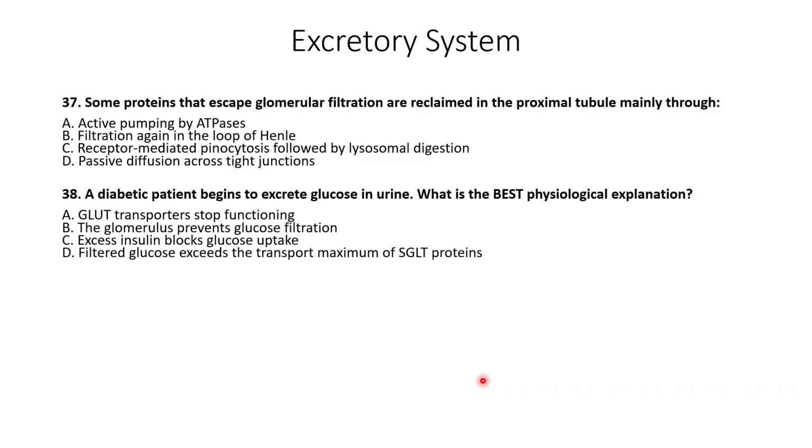So too much glucose, and not enough transporters are there for moving the glucose through from the filtrate to the tissue fluid. And so that's why a lot of it is remaining, and that is called glycosuria. So that's the explanation here, which is there's just too much glucose. It exceeds the saturation. Okay.